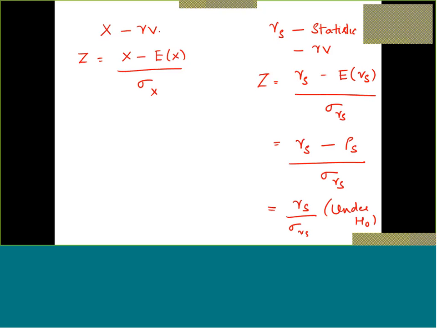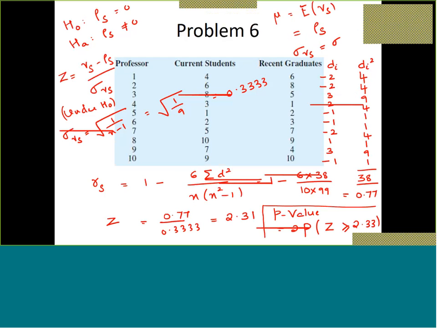Any queries? It is not rho S, because under H naught what have you assumed? The population rank correlation coefficient is 0. That is your H naught, which means there is no correlation in the ranks of the population.